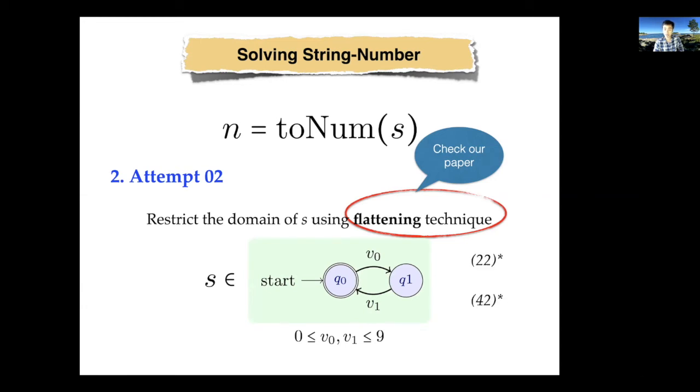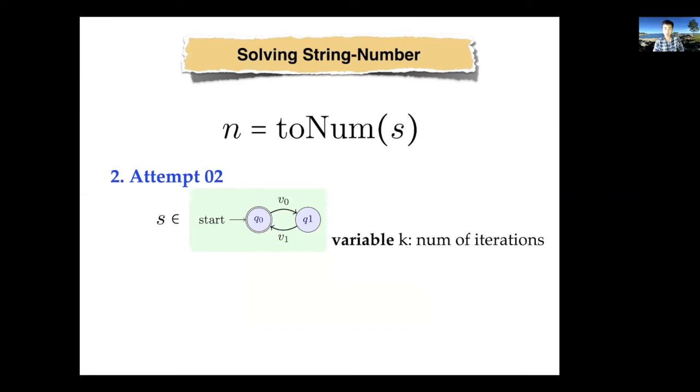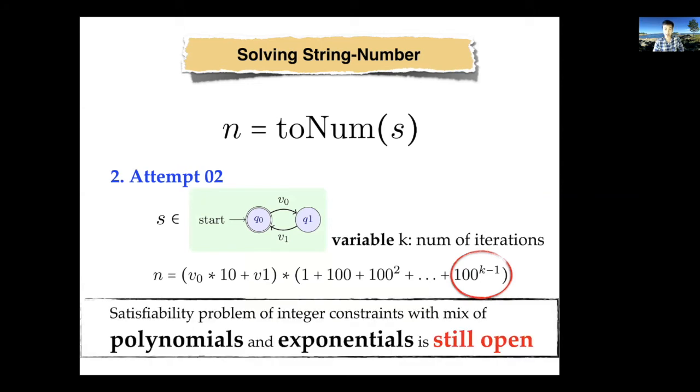When we write it that way, the value of S can be anything like 42 star, 22 star, 98 star, or something like that. When we limit the domain of S, we will have the value of N as we write here. And once again, this constraint still faces the polynomial and exponential problem. So no way we can find the value of V0 and V1.